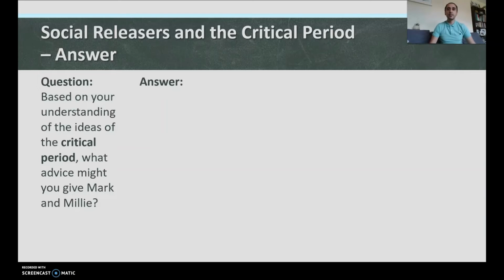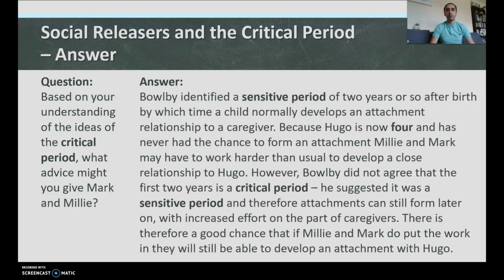Based on your understanding of the ideas of the critical period, what advice might you give to Mark and Millie? Now, Bowlby identified a sensitive period of around 2 years or so after birth by which a child normally develops an attachment relationship to a caregiver. Because Hugo is now 4 and has never had the chance to form an attachment, Millie and Mark may have to work harder than usual to develop a close relationship with Hugo.